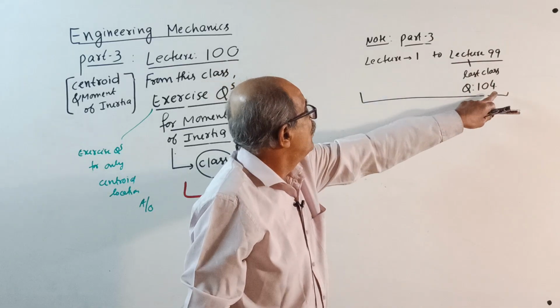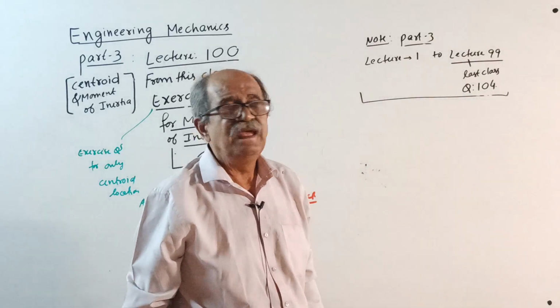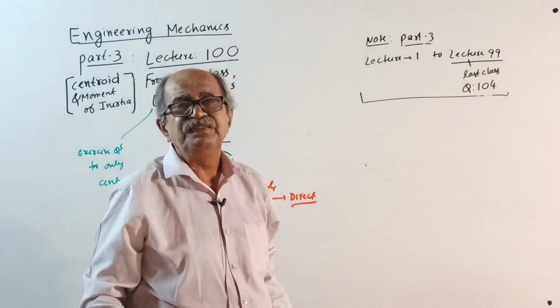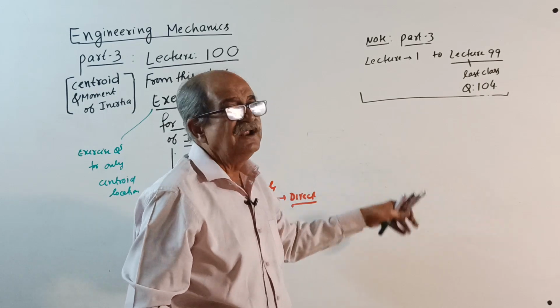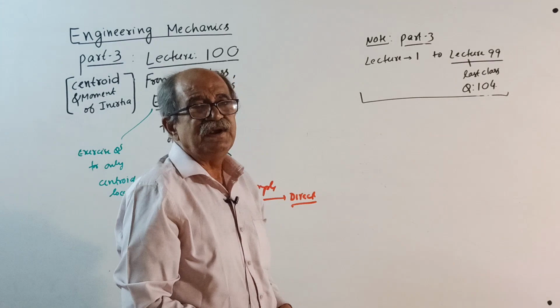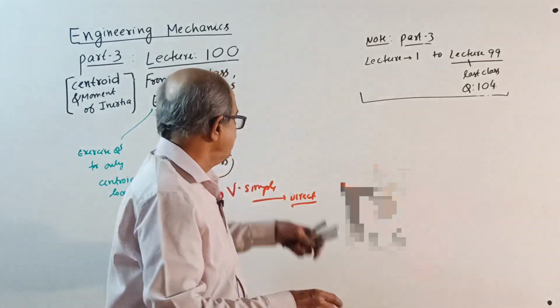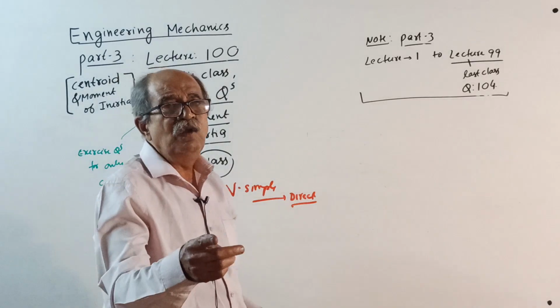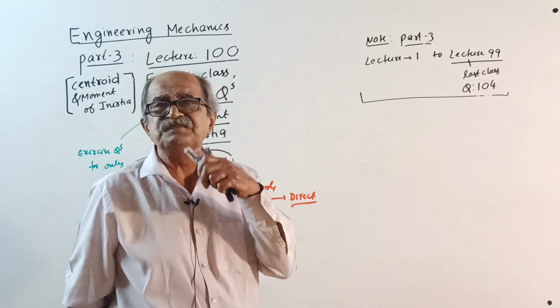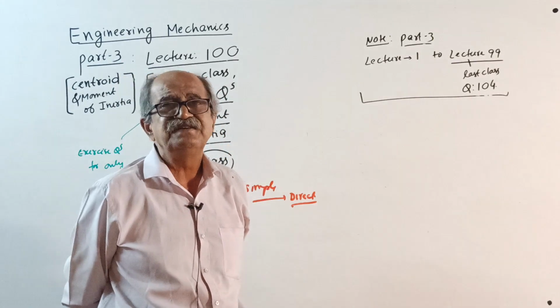104 questions are over. Therefore, from today, no explanation, nothing. Question with answer. Sometimes I may write the expression. Whenever I give a question with the direct answer, you should solve and get the answer. Whenever I write expressions, you need not get the answer.